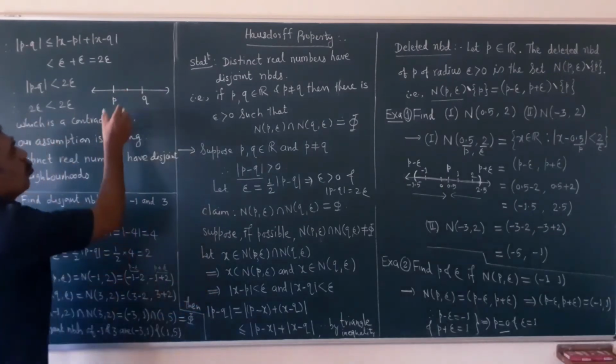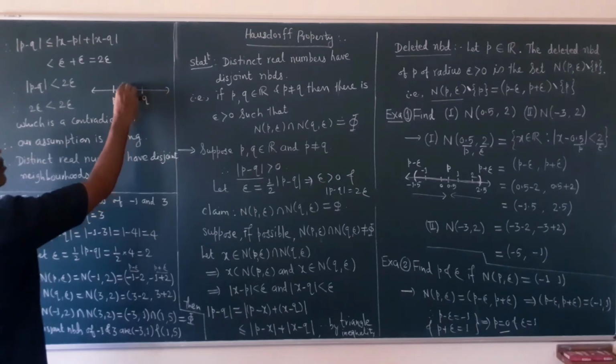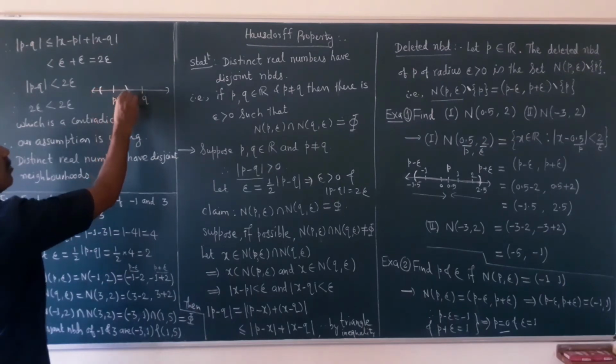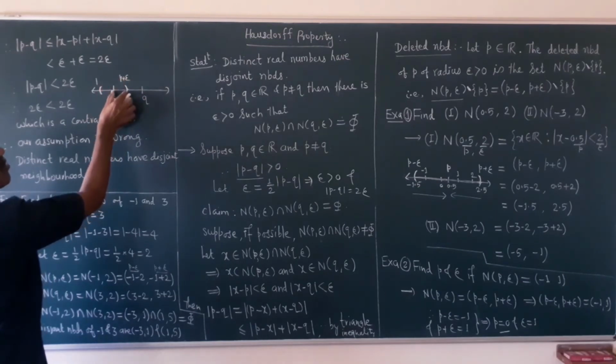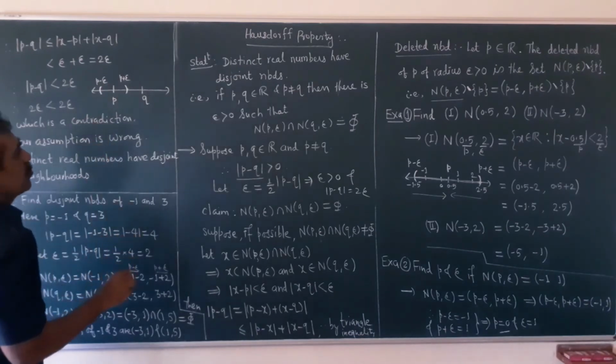Now tell me, what is the neighborhood of P of this much radius? It will be this open interval, and what is this? This is nothing but P plus epsilon, because this distance is epsilon, and this is nothing but P minus epsilon, right?